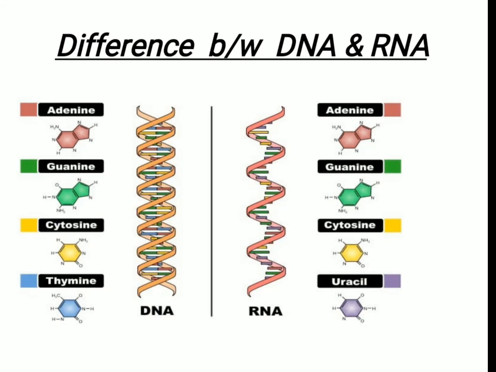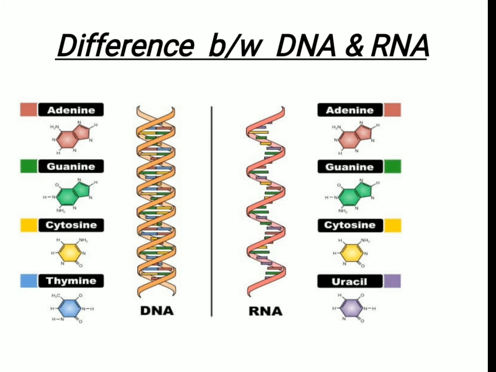Now you can study here the differences between DNA and RNA. In this figure, it is explained that in RNA, every nucleotide residue has an additional OH group present at the second position in the ribose. Also in RNA, uracil is found in the place of thymine. 5-methyluracil is another chemical name for thymine.